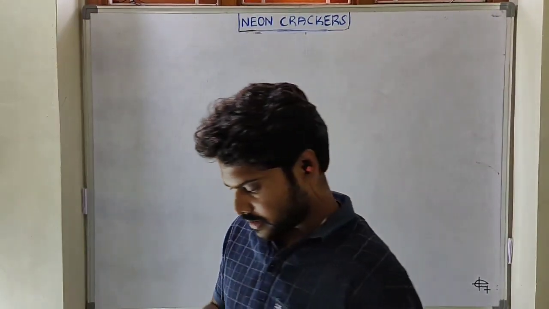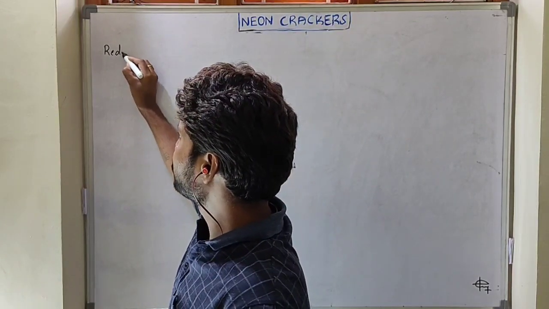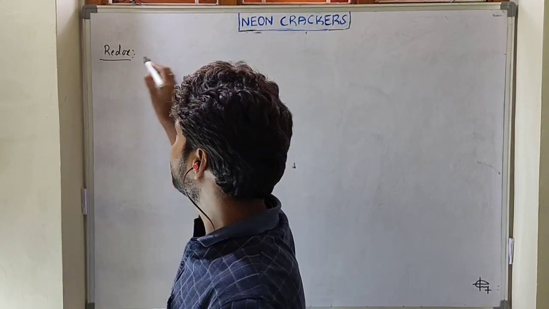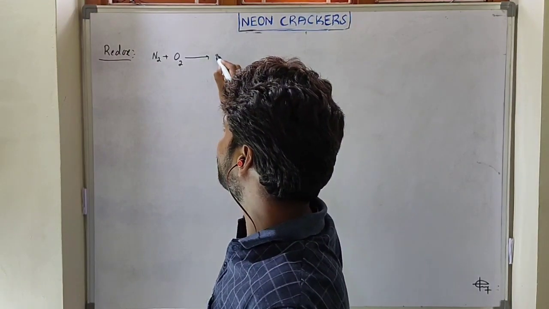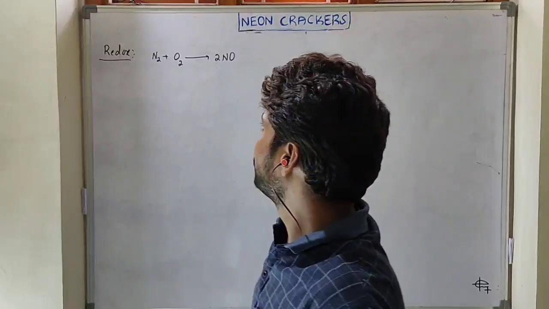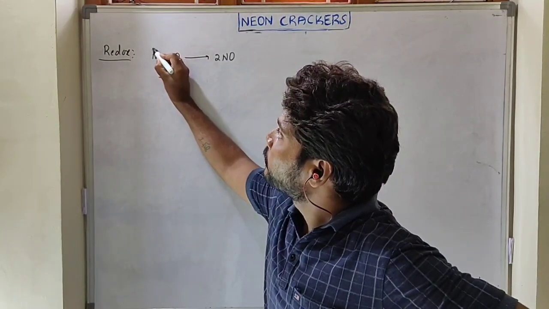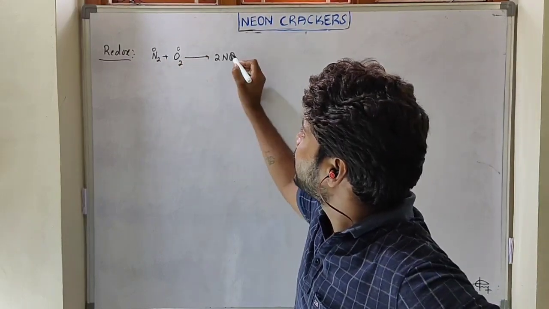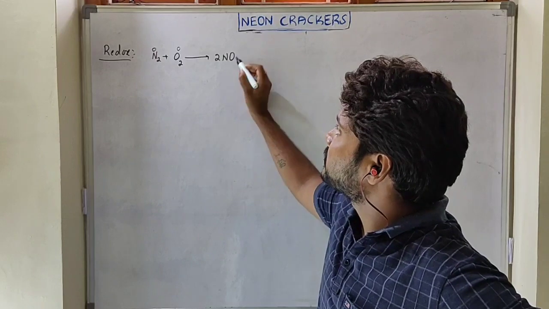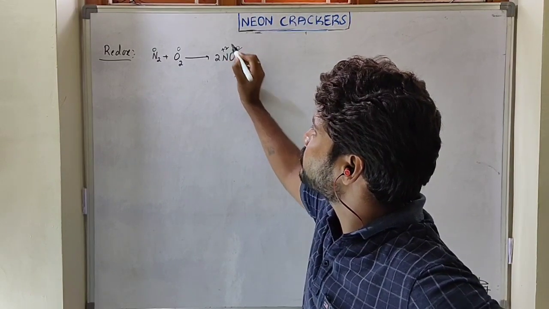Okay. So first, for example, one redox reaction you must know. Suppose we take N2 and it reacts with oxygen to produce 2NO. In this, what is the oxidation state of nitrogen? 0. What is the oxidation state of oxygen? 0. Here the more electronegative atom is oxygen, that's why it gets -2 charge, and automatically each nitrogen gets +2 charge.